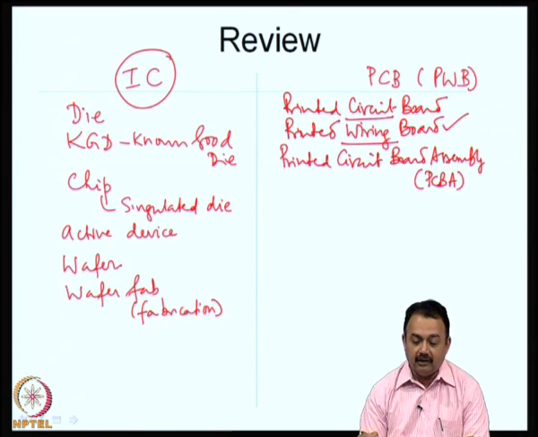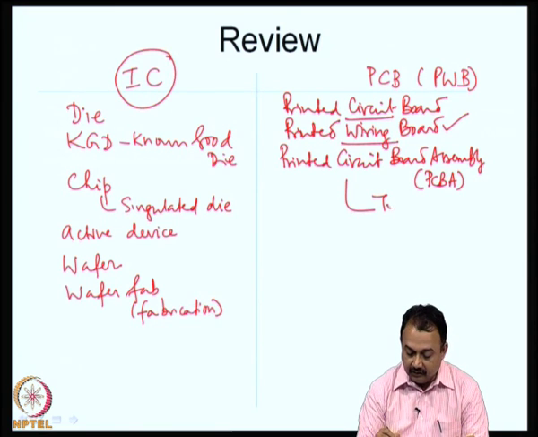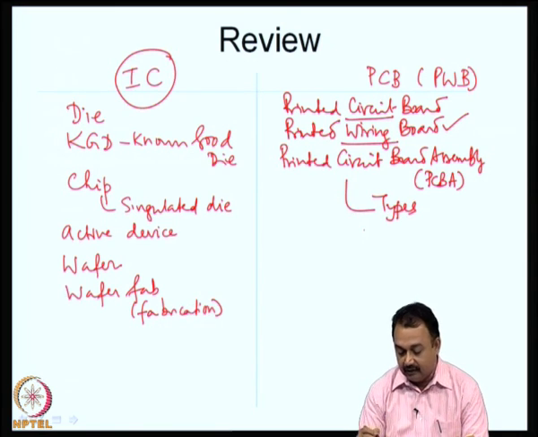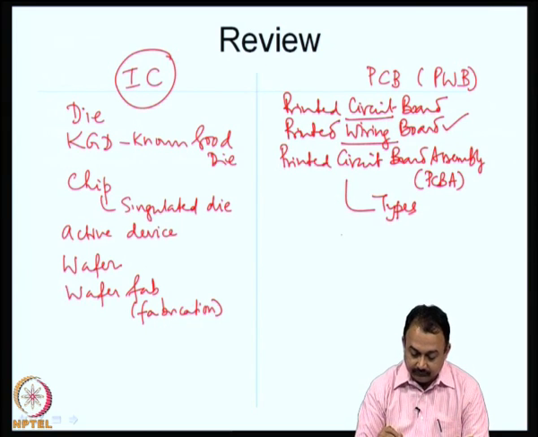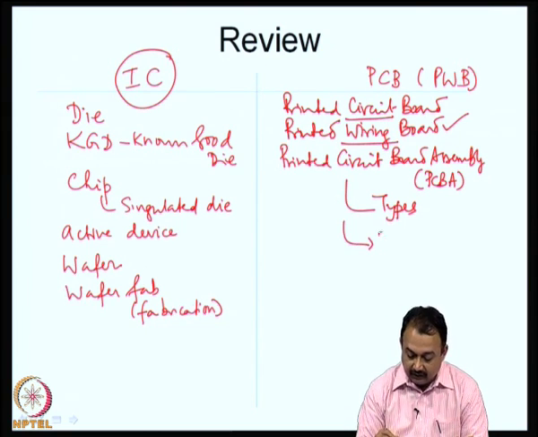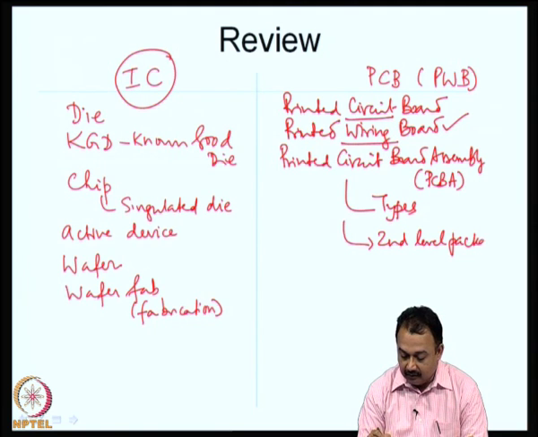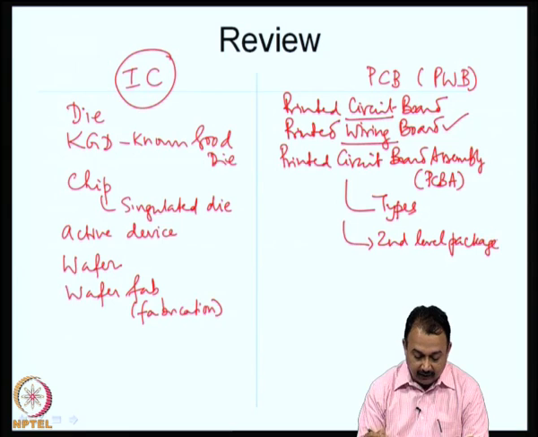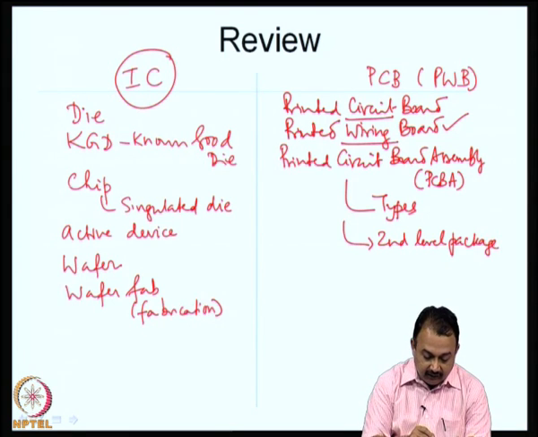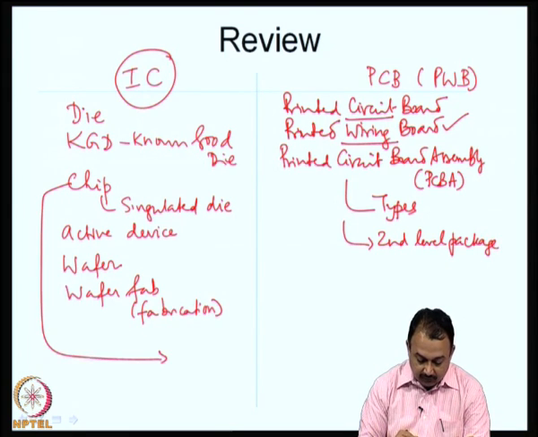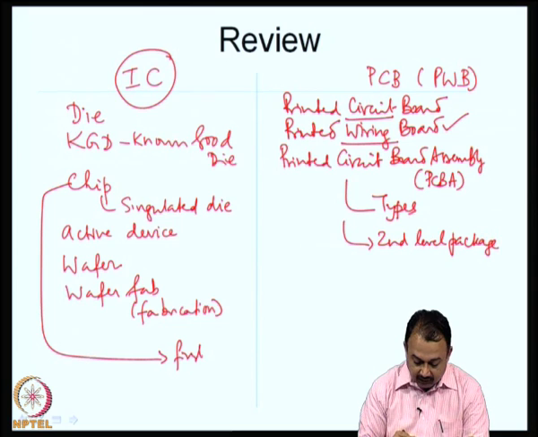Okay. So, there are different types of printed wiring boards, which we are going to see at a later stage, and there also this is called a second level package. So, the printed wiring board is a second level package, and the device or the chip that goes for packaging, it is called the first level package.